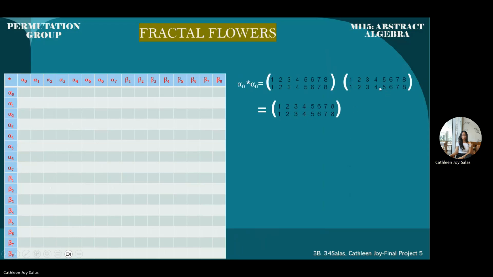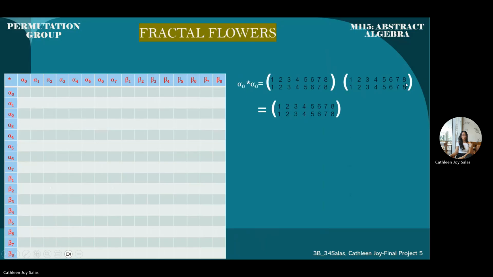For 5, so 5 is to 5. Then look at the 5 here, and the resulting elements is 5. That's why we have the product 5 here. And for 6, we have the 6 here, and look at the 6 here, and the product is 6. For 7, the elements are both 7, so let's look at the 7 here, and the product is at the bottom of the element, so it is 7.